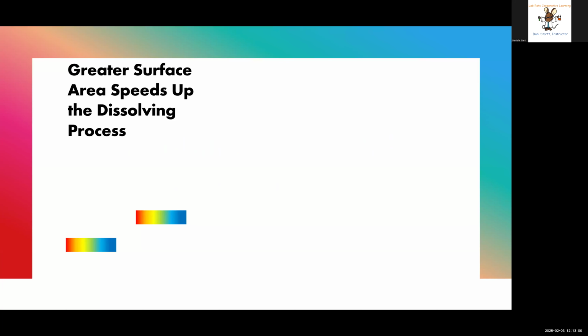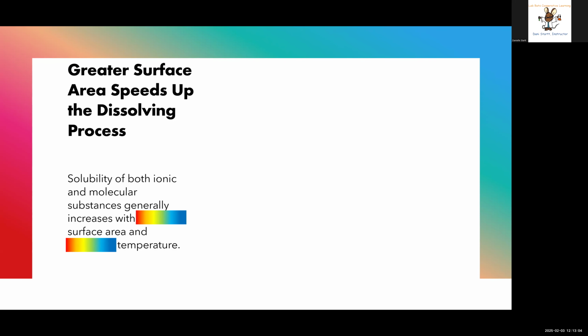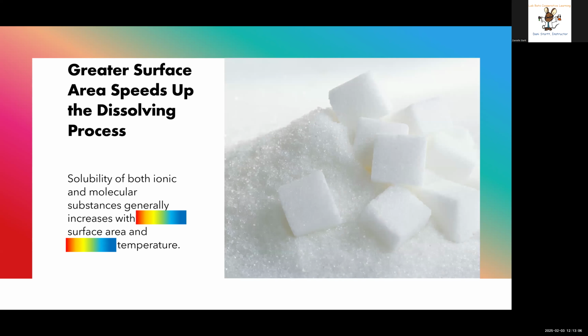Solubilities of solid compounds. Greater surface area speeds up the dissolving process. So solubility of both ionic and molecular substances generally increases with increased surface area and increased temperature. So you have a direct proportionality between temperature and solubility and surface area and solubility when it comes to solid substances.